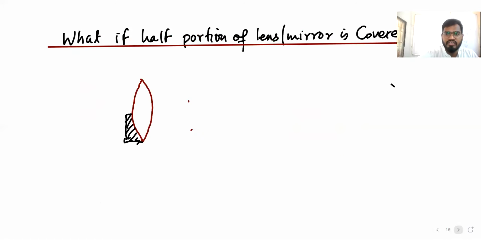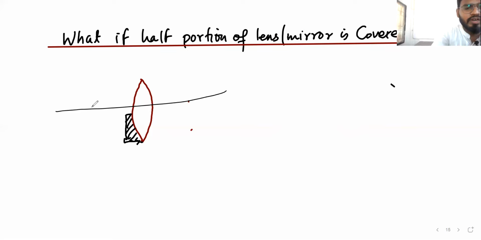What if half portion of a lens or mirror is covered? Of course you will get the image, right? But the thing here is, if it is half covered, then what will happen? Suppose the object is here, and this is focus F1, and this is F2.